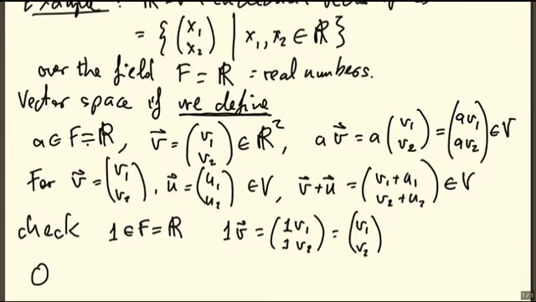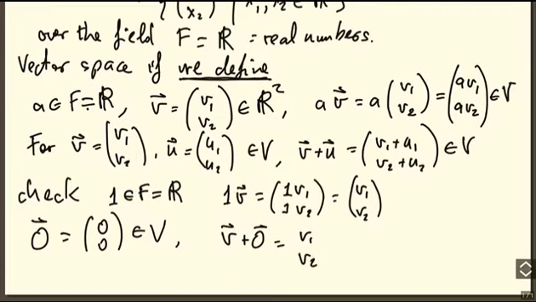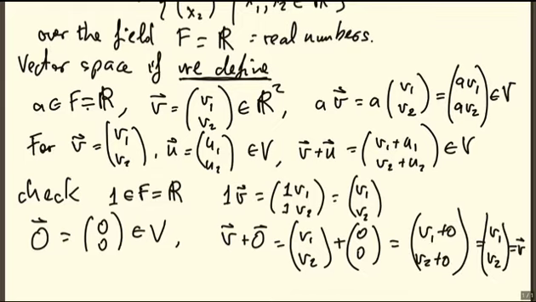We also have the 0 vector as the (0, 0) vector with both components 0. We can also check that this has the property that if you add together any vector with this 0 vector, you get the original vector back.